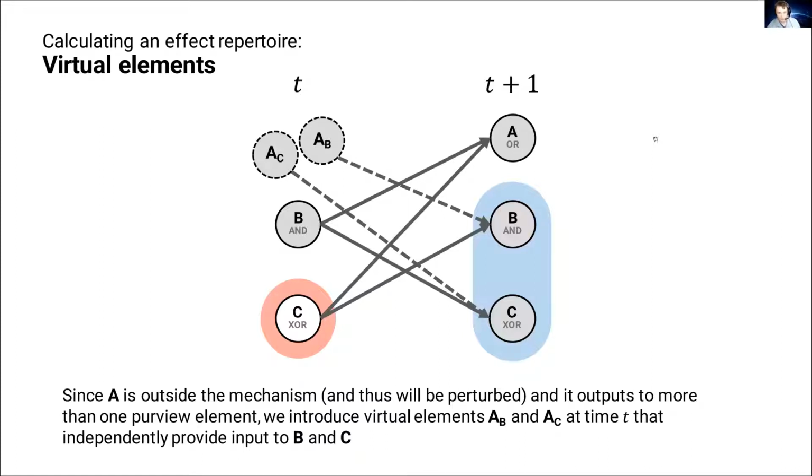But if we don't introduce these virtual elements, then when we examine B and C at the next time step and we perturb the system at the previous time step, we're going to learn about what A is as well, instead of just looking at the constraints of C. And so we are enforcing a uniform distribution of inputs into B and C at the next time step from the previous time step by introducing these virtual elements. Although I'll talk about later how in the actual PyPhi calculations this ends up being not necessary.